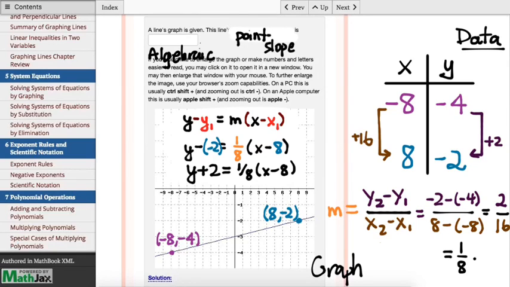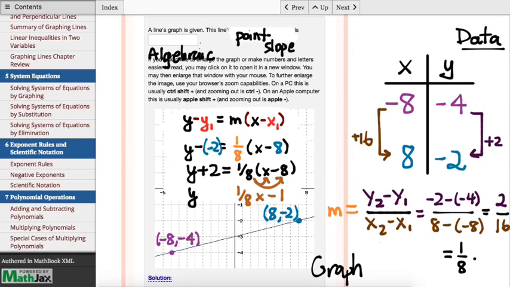But here's the good news. And I guess it's good news. You might disagree. Feel free to disagree. But the good news is that this is not a different equation from the one that we found when we did it in the slope-intercept format. Because if we were to simplify it, I would distribute this multiplication across this subtraction, giving me 1/8 x minus 1/8 times 8. 1/8 times 8 is 1.